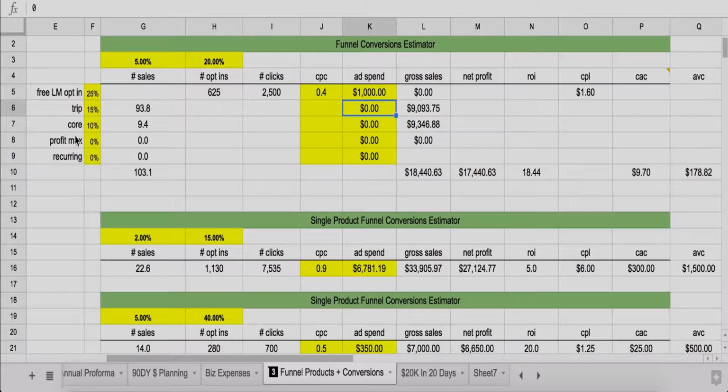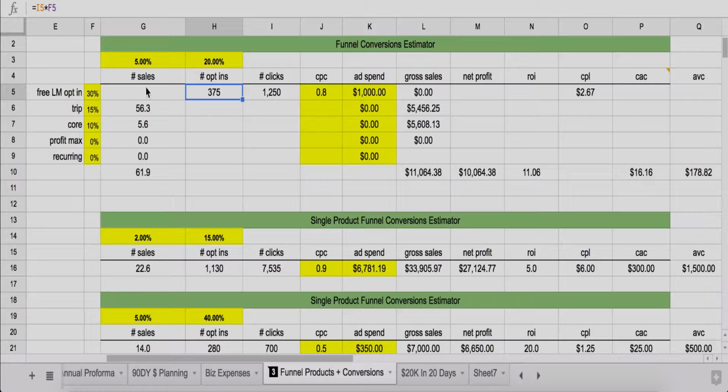You can see that the numbers then auto calculate. Again, you won't know what your cost per click is, but let's say it's 80 cents here. This tells you that you'd have $1,000 divided by 80 cents, which is 1,250 clicks. And if your opt-in page converted at, let's say, 30%, you'd have 375 opt-ins.